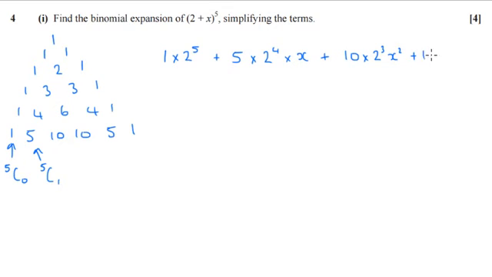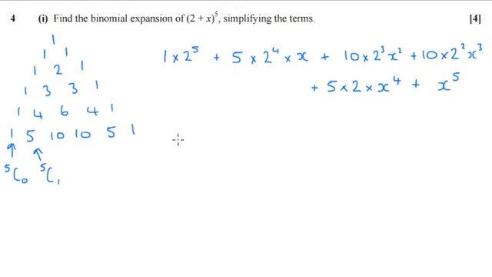Next term is going to be 10 times 2 squared times x cubed. Then we're going to have 5 times 2 to the power of 1 times x to the 4, and then we're going to have one lot of x to the power of 5 with the 2 to the power of 0, which is just 1.